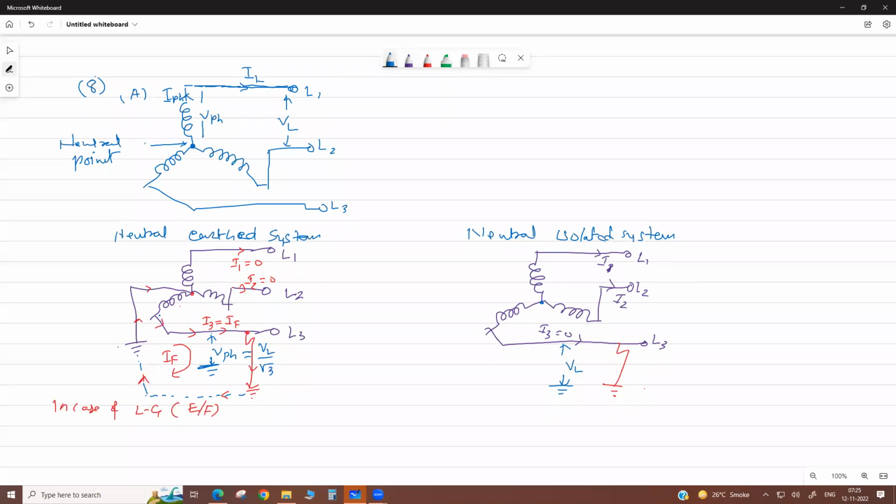But here, in the neutral earth system, we can easily provide earth fault protection. How? Very simple. See, this star point is connected to ground.